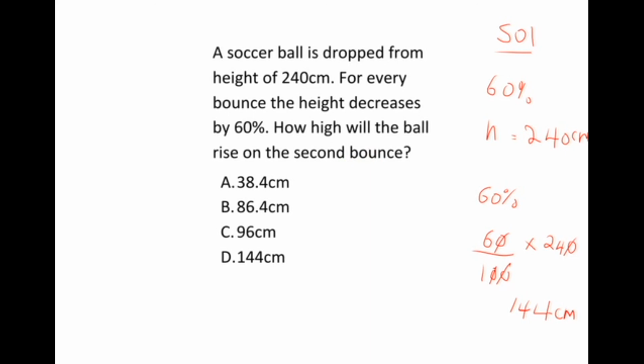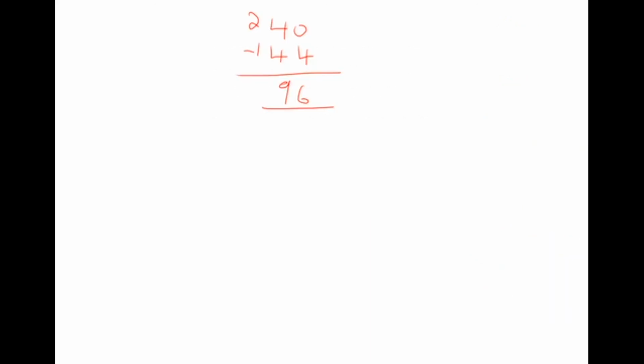So for the second bounce, we take 60%, which is 60 over 100 of the remaining height, which is now 96. We multiply 60 by 96, and we get 5760.